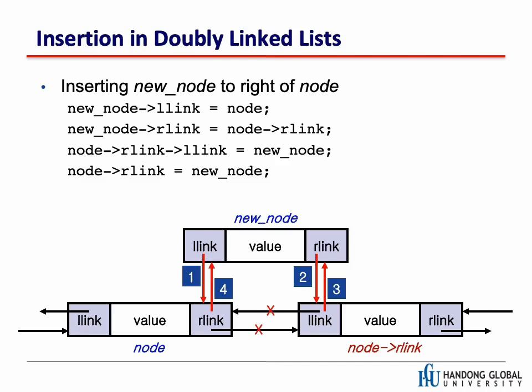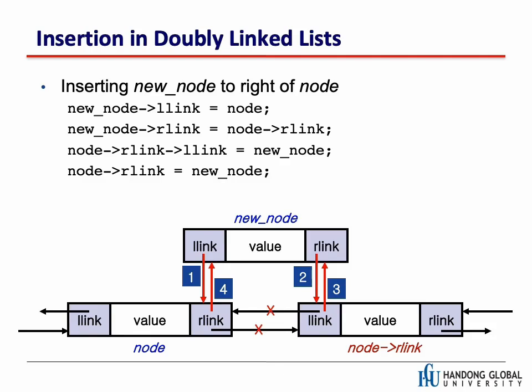The order of these statements is quite important. If you change the order, then it will not work. Let's take a look at the first one. When we assign the left link of the new node, we make this left link point to the node. There is no problem. And the next one, the right link of this new node is pointing to node right link. It's good.